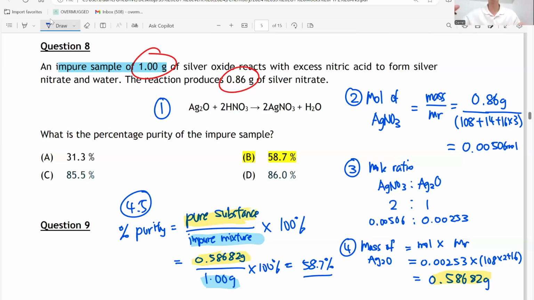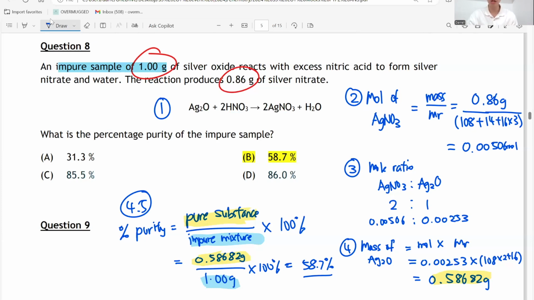Okay, now if you want to do the corrections, go ahead. I want you to run through the entire process. Step 1, equation. Step 2, calculate mole using this 0.86 gram. Compare mole ratio between what you have found in step 2 with what you actually want to find, which is the silver oxide. Using the equation to find the mole ratio and subsequently solving for the actual mass of your pure silver oxide.